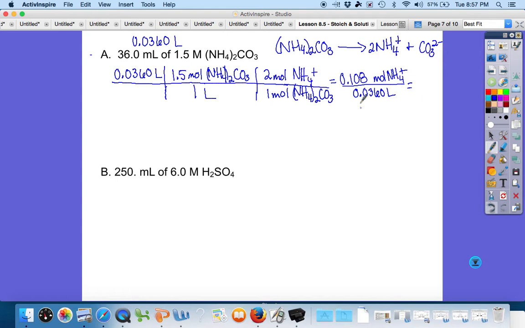So 0.108 divided by 0.036 gives us a concentration of our ammonium ions to be 3 molar.